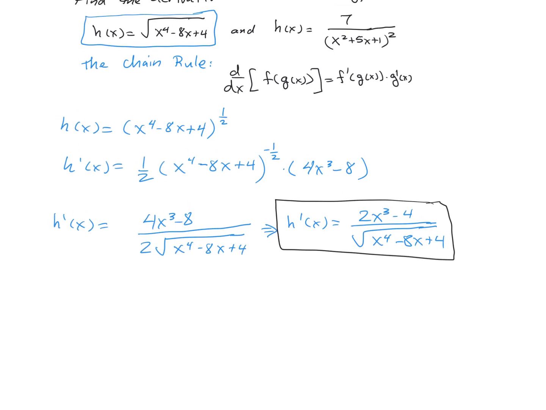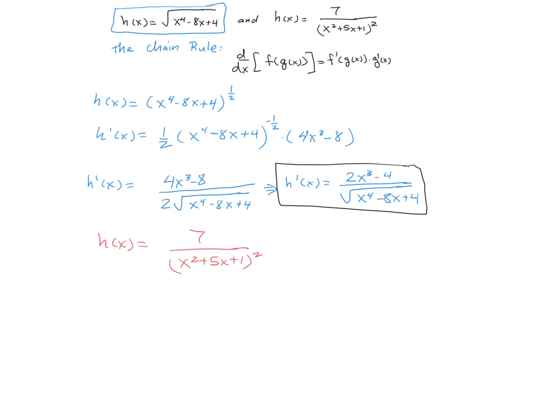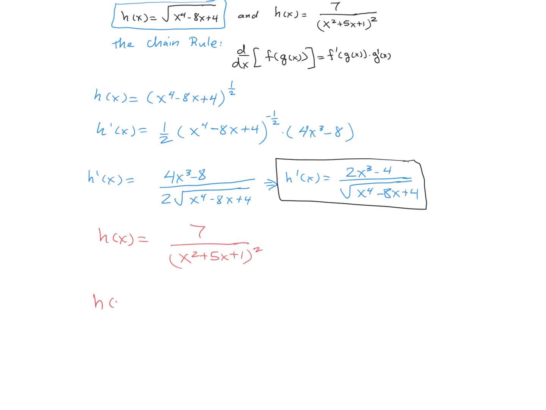Now let's focus on the second function. For this one, we've got h of x is equal to 7 divided by x squared plus 5x plus 1 squared. Let's rewrite that as an exponent. That's going to be 7 times x squared plus 5x plus 1 to the negative 2 power.